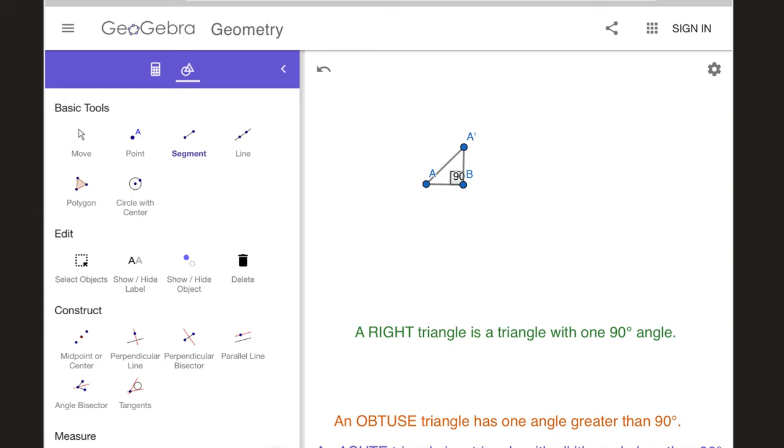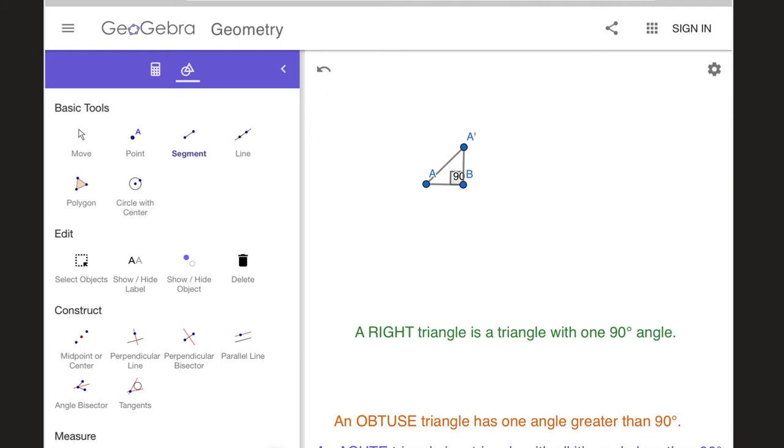So it has one 90-degree angle, and the box or the square in angle B represents that it is 90 degrees. Usually they don't write 90 degrees; there's a box there identifying that it is 90 degrees.